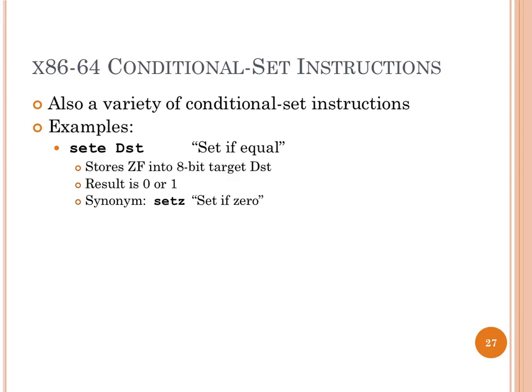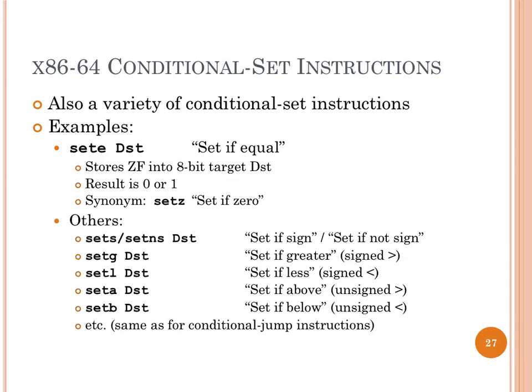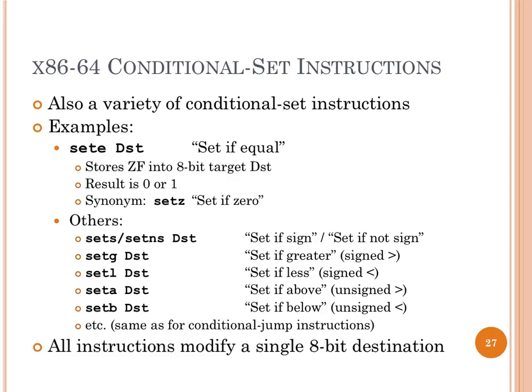Set this thing to 1 if the carry flag is set. You have these various operations that you can use. You've seen them, and that's all we're going to talk about them. They're not complicated, and certainly you can ask me or the TAs if you're curious. But these are really useful in cases where you need to store a value based on the contents of the flags.